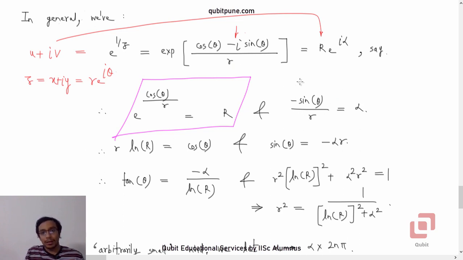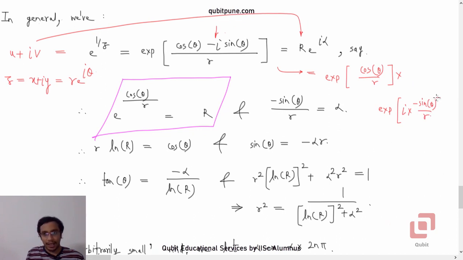Let me put it in this way: this can be written as e to the power cos theta upon r multiplied by e to the power i into minus sine theta upon r. So no matter what values theta and r have, e to the power i into any real number is always going to have the modulus 1.